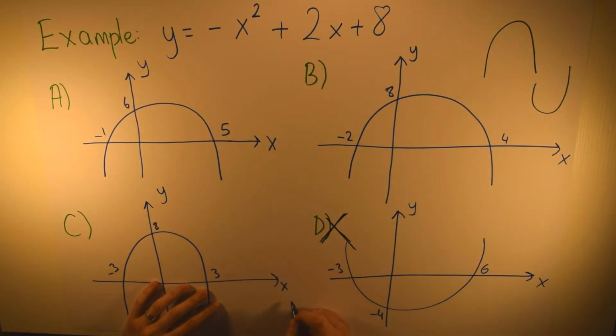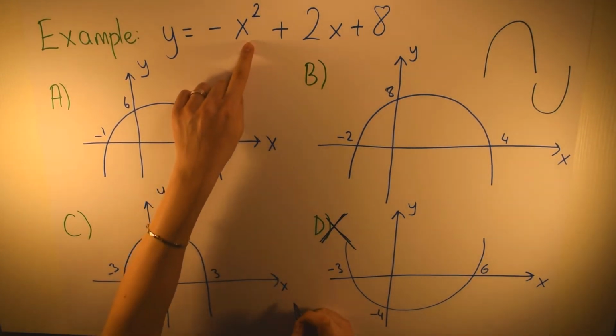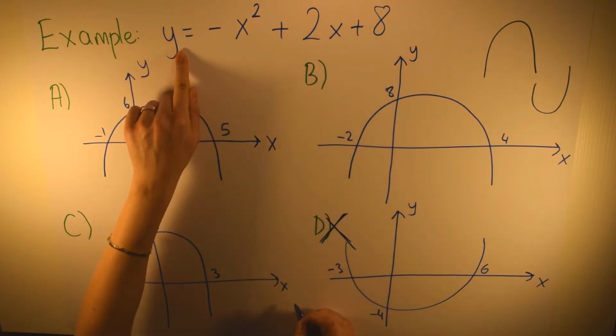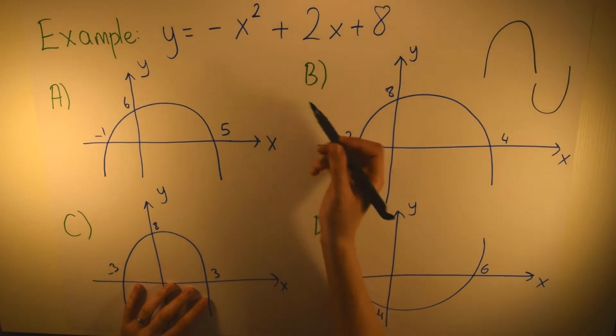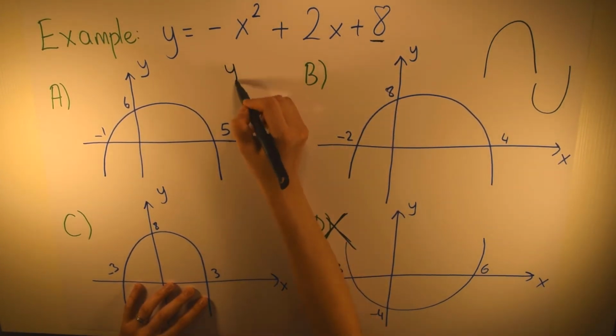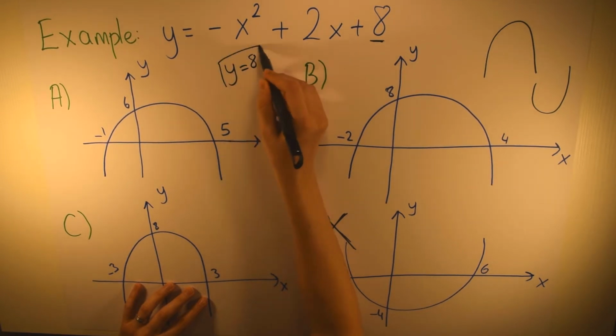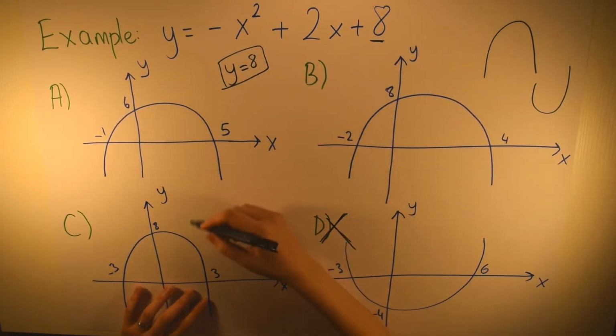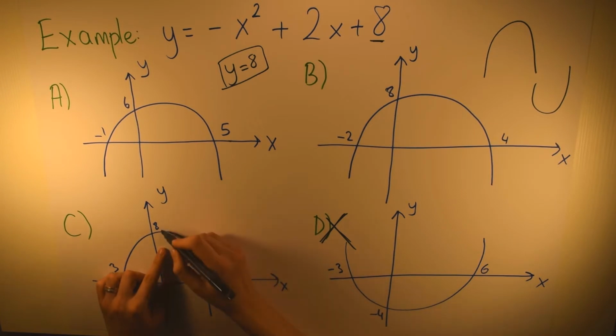And let's continue. If we write 0 instead of x, we will find our y-intercept, right? So it is equal to our constant value. So y has to be equal to 8. When I look at these choices, I see here we have 8.